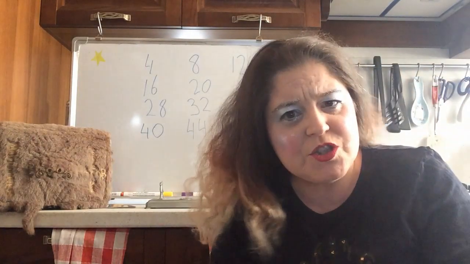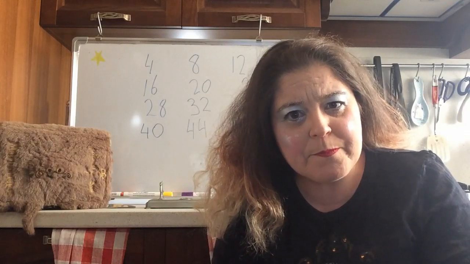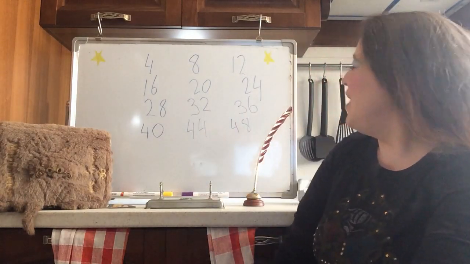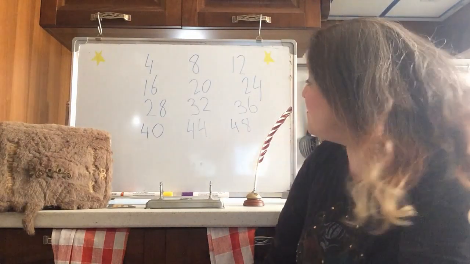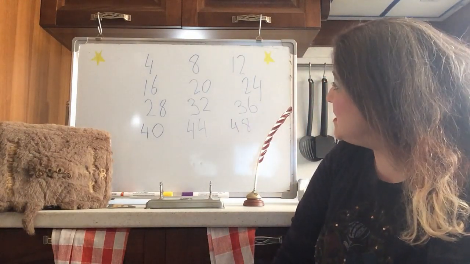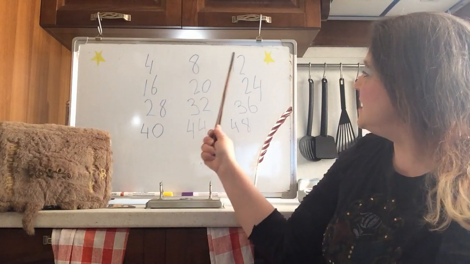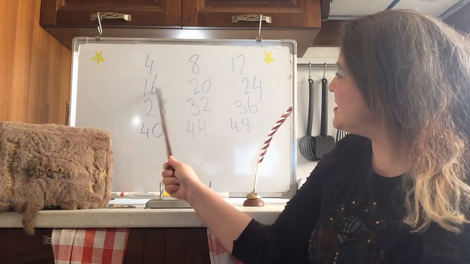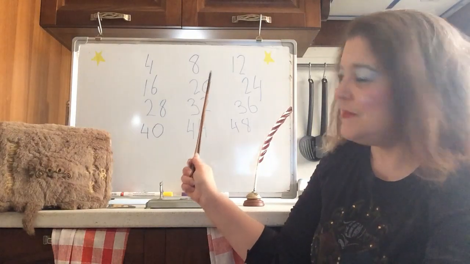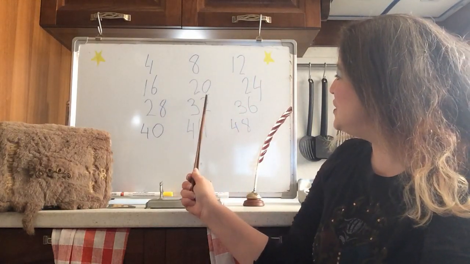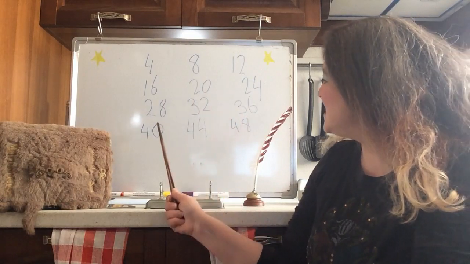Is there anything else that you notice about them? Very good. Okay, multiples of 4 repeat. So here we have a 4, an 8, a 2, a 6, and a 0. And then they repeat. 4, 8, 2, 6, 0.